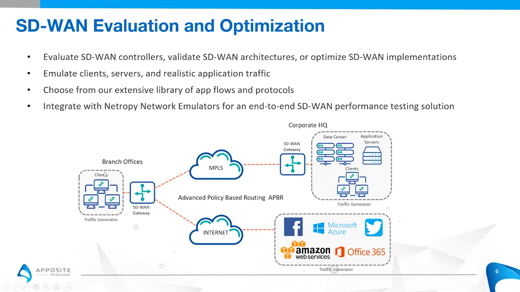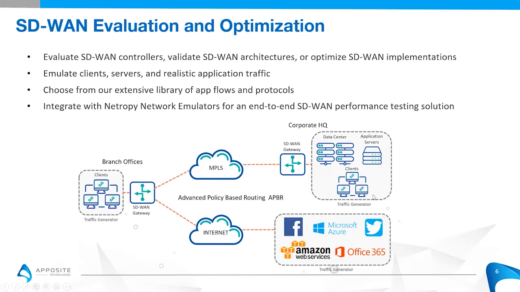So when it comes to our device, not only can we emulate a branch office right over here, we can also emulate the corporate headquarters that you're seeing here, as well as some of the cloud applications over here. And then once you add the Netropy WAN emulator, we can emulate MPLS and your internet connections as well.